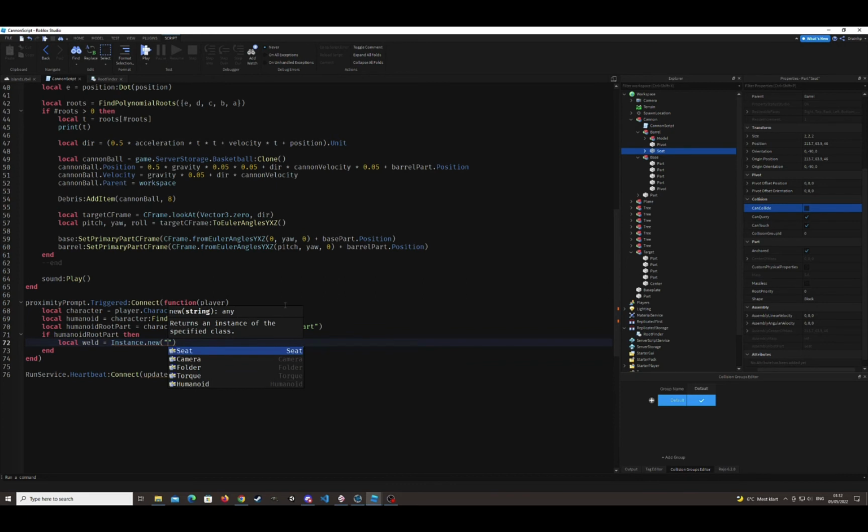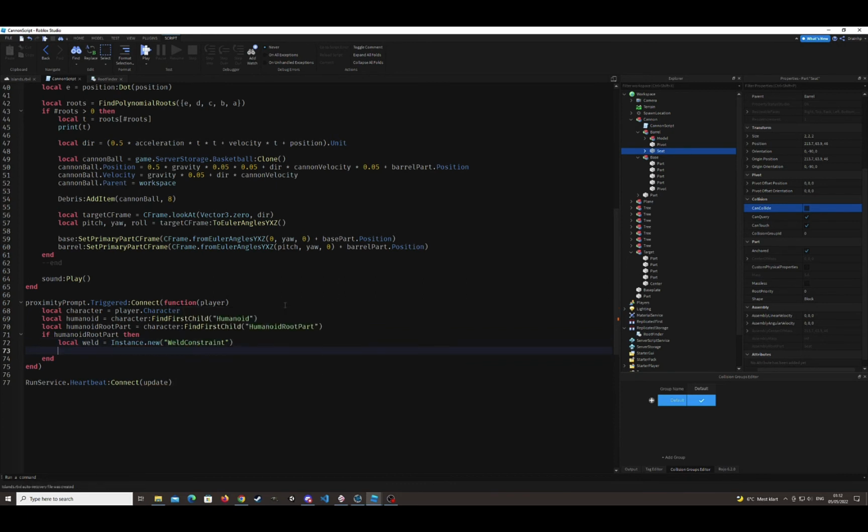I'm gonna try to weld the character. I don't actually know if this is gonna work. But you could use an actual seat object and then use the sit function of the seat, and you just pass in the humanoid.